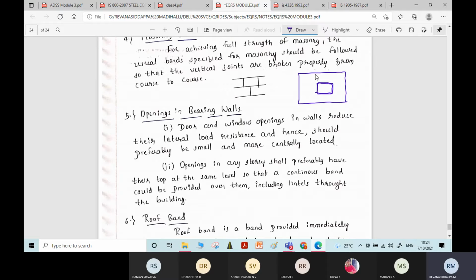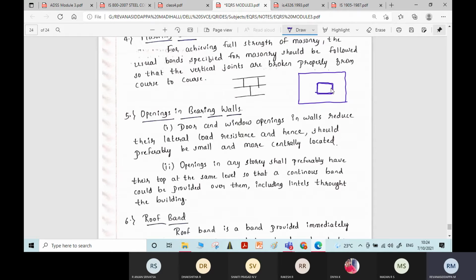In villages you can see load bearing walls constructed. They don't construct frame structures, with beams and columns. They directly construct the wall, and over the wall they place the slab. In that case the whole load is handled by the masonry wall only. That wall is called load bearing masonry or a load bearing wall.